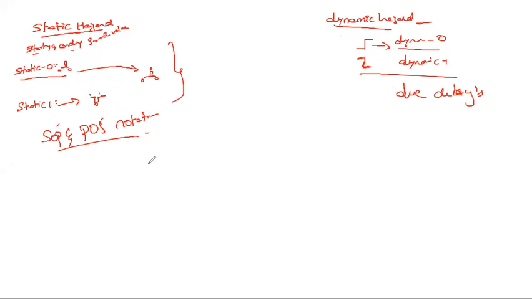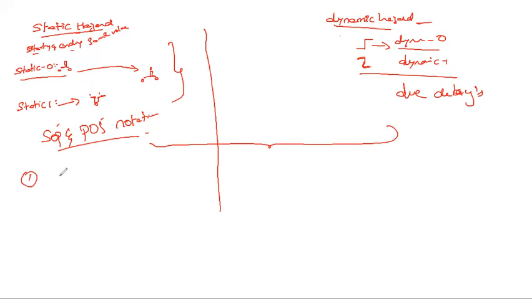To overcome these hazards, first static hazards: to avoid static hazards, we add a redundant term to the circuit.